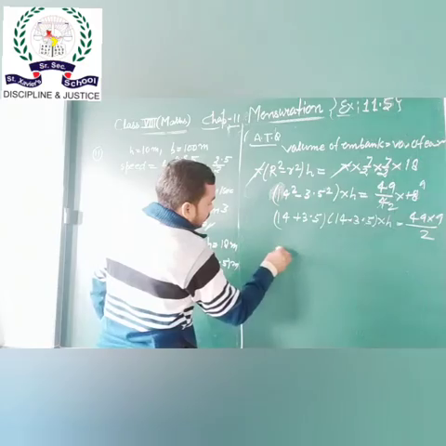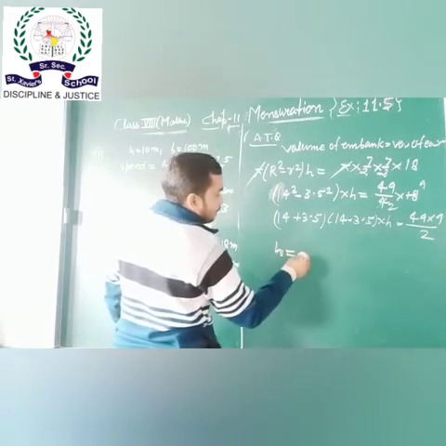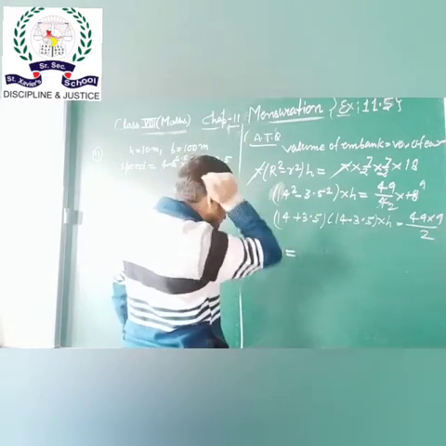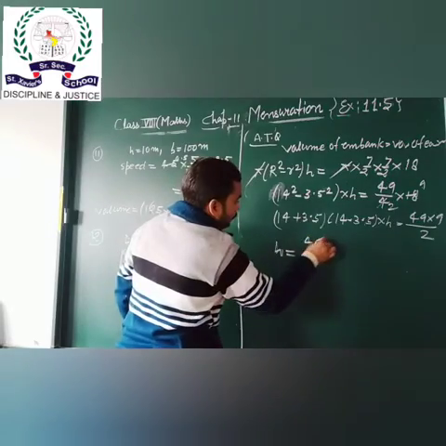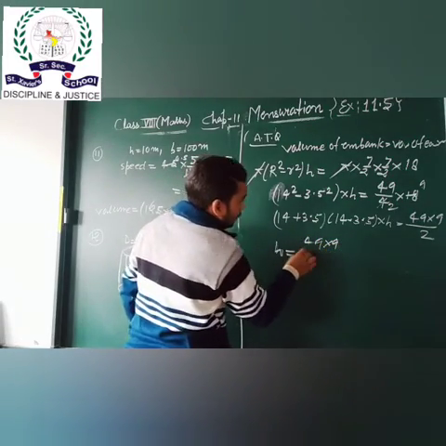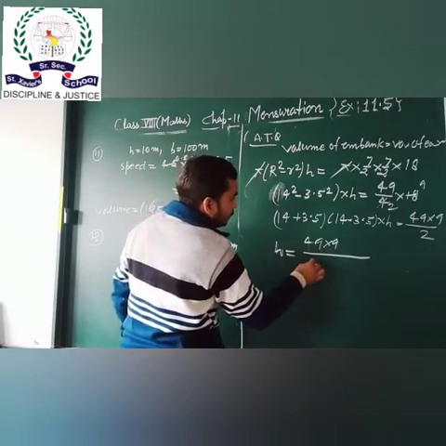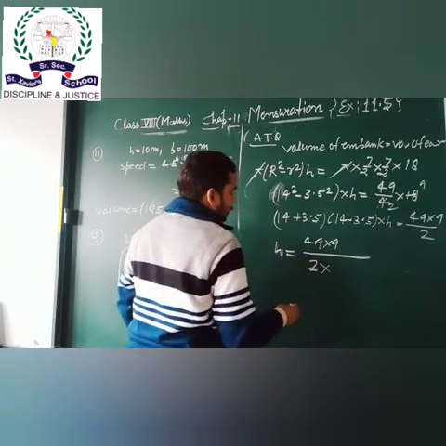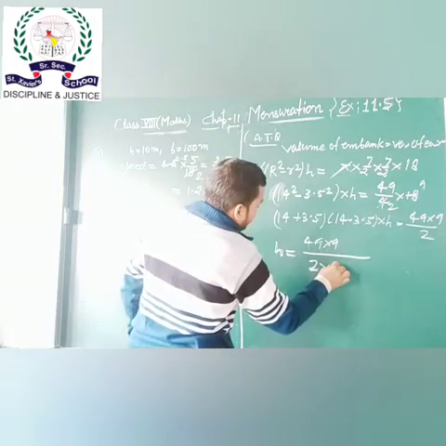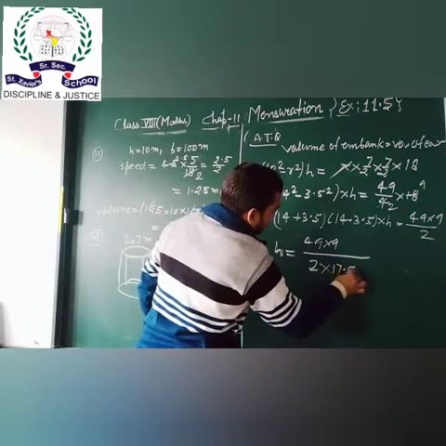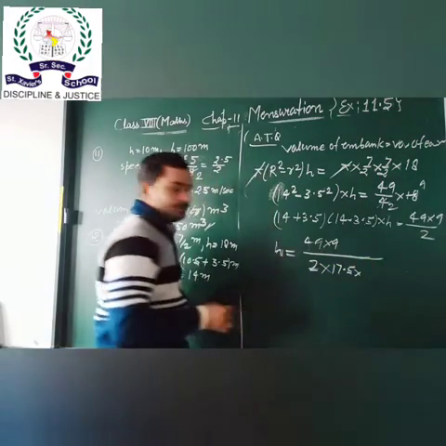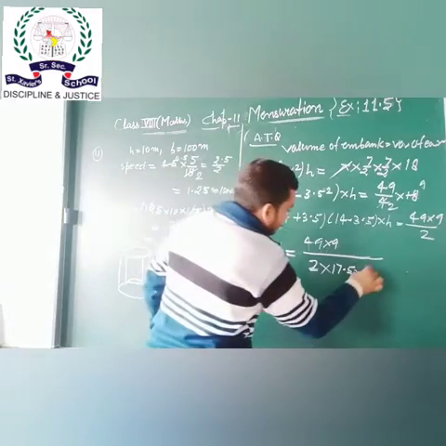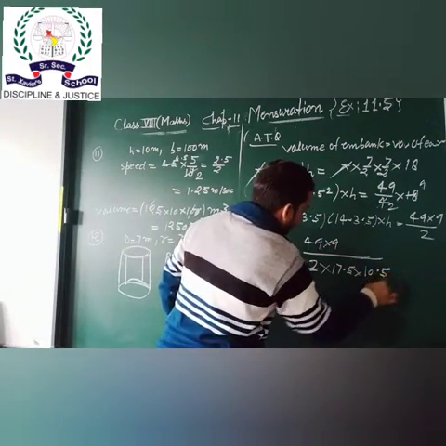So h equal 49 into 9 upon 2 into 14 plus 3.5, 17.5, into 10.5.